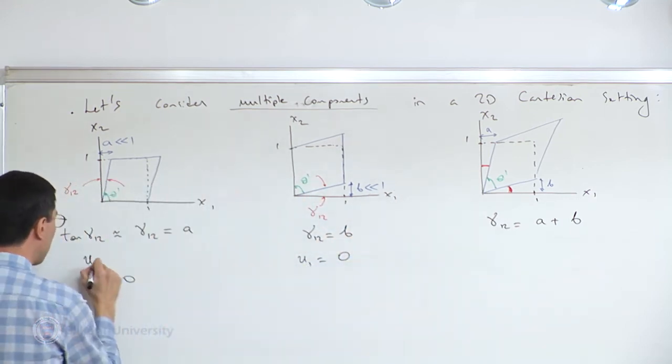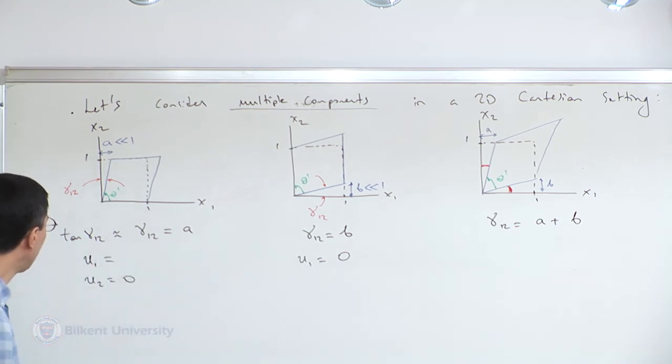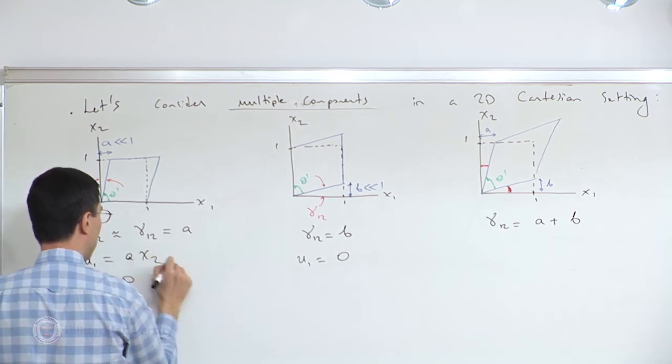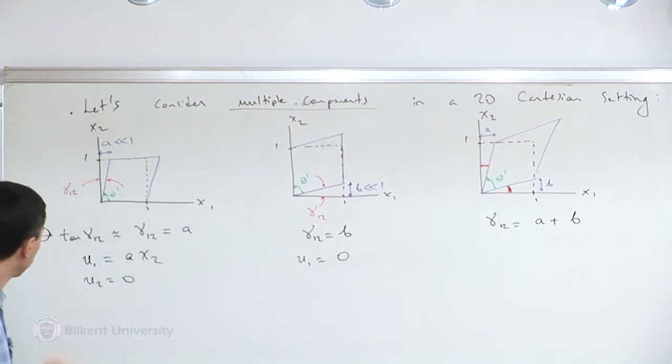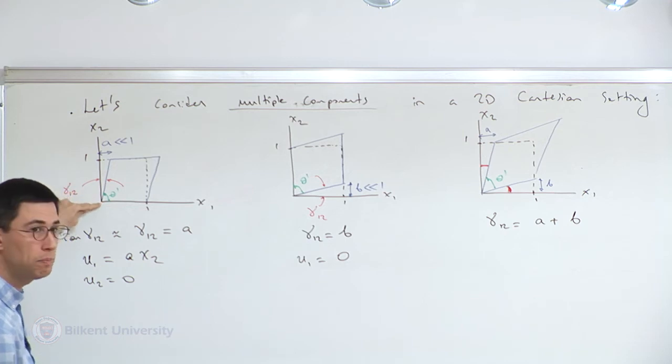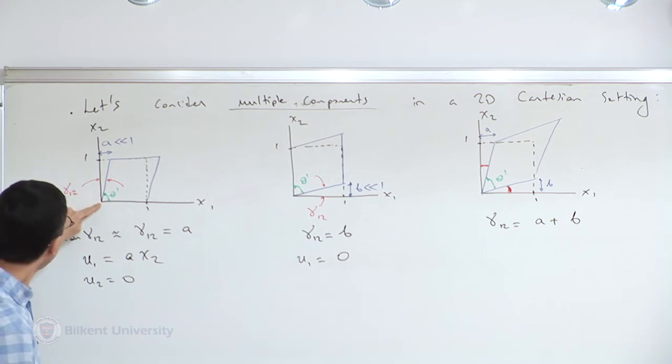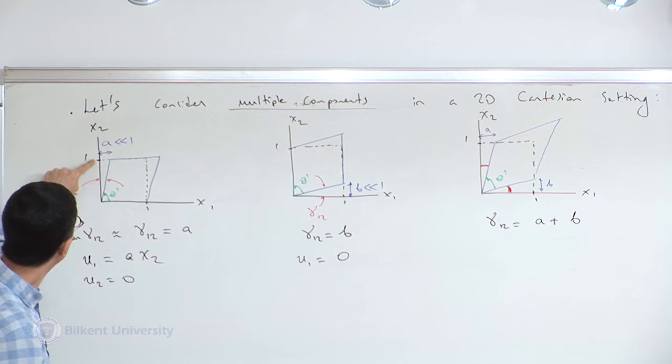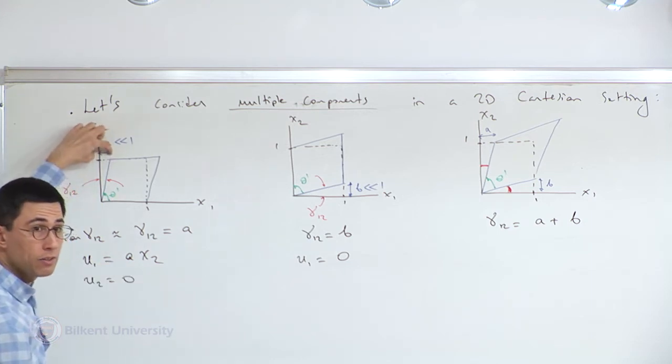Now, in this case, neither U1 nor U2 is 0. But let's go back. So U1 here, what is that equal to? Let me first write down the result and tell you about it. Okay, so U1. First of all, this point is not moving anywhere. So if I'm at x2 equals 0, U1 should be 0. If I move to x2 equals 1, U1 is A, right?